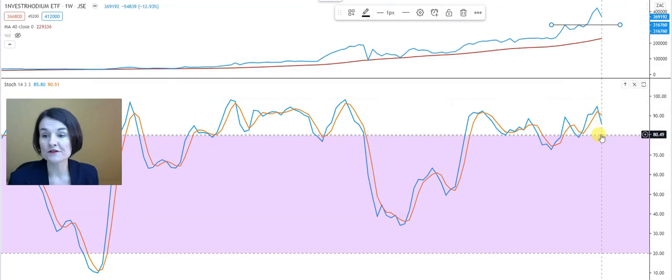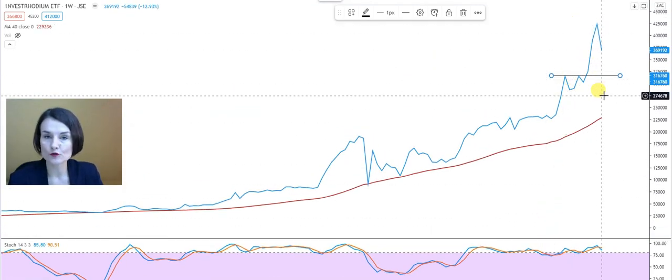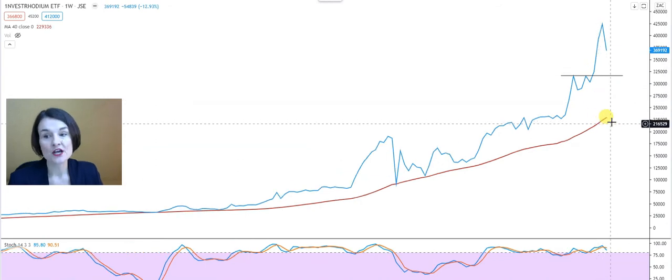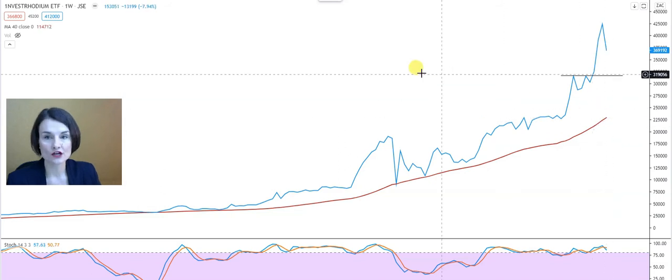You've got a beautiful negative divergence where that K line broke downwards through your orange line, which tells you the probability of the instrument to pull back is more likely. The critical level again is the 40-week moving average, waiting at 2,293 Rand 36. Below that level, the long-term sentiment towards this Rhodium ETF will change to negative.